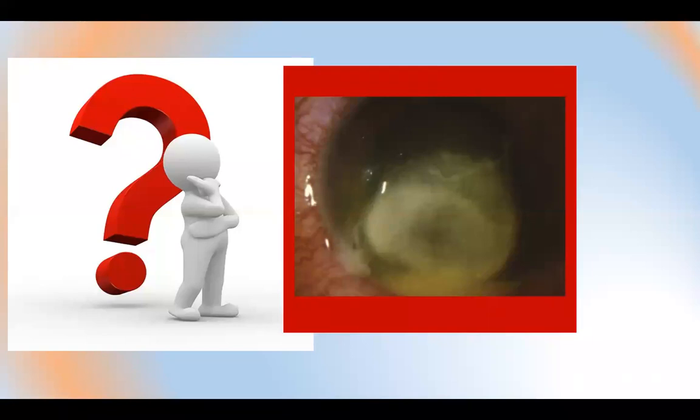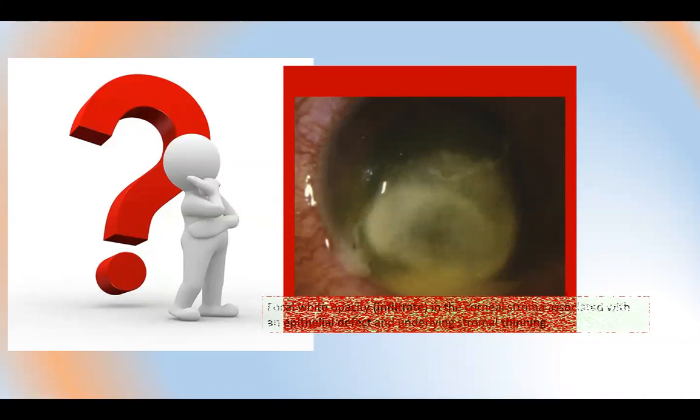The anterior chamber details cannot be made out. This ulcer involves the visual axis as well.